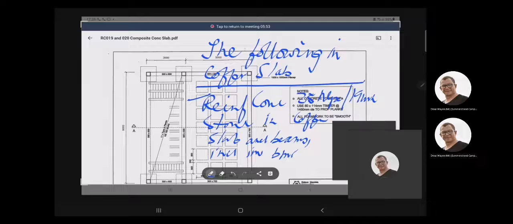We all know that my slab thickness here is given to me as 400.